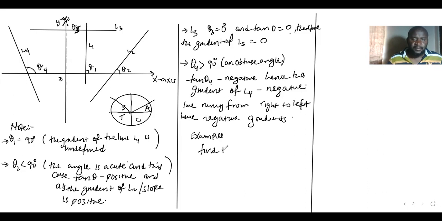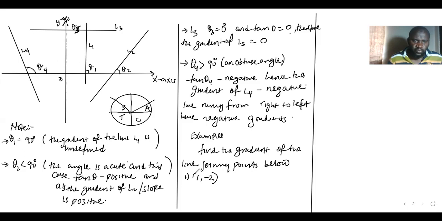Find the gradient of the line joining the points below. 1, -2 and 3, -3. The second one, -2, -1 and 3, 4.